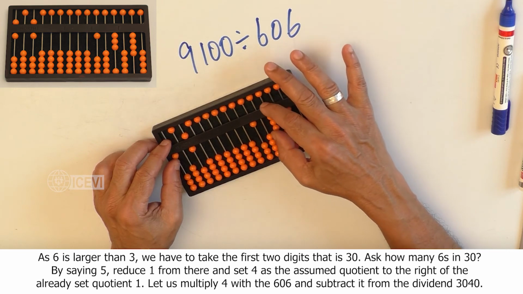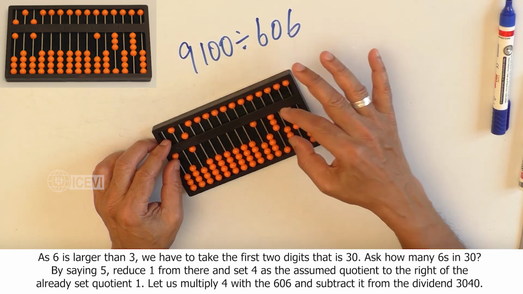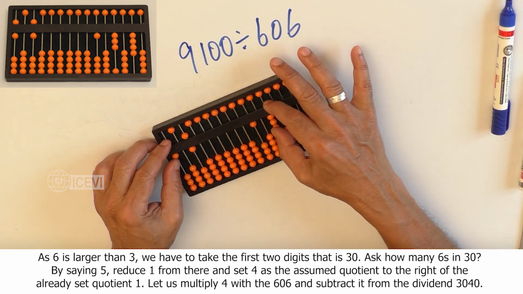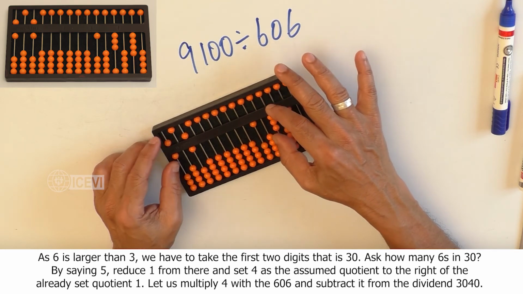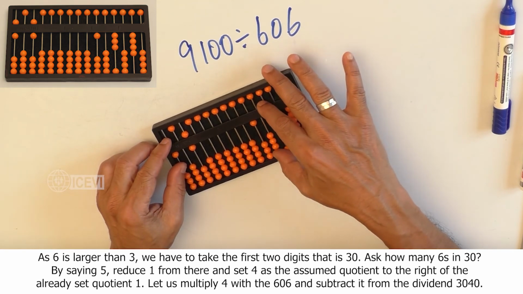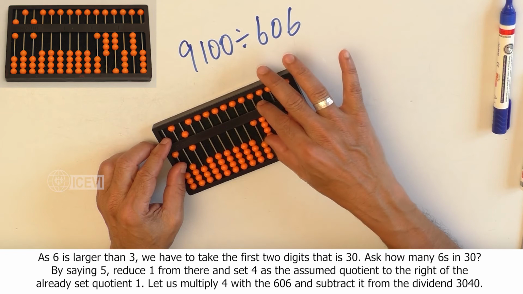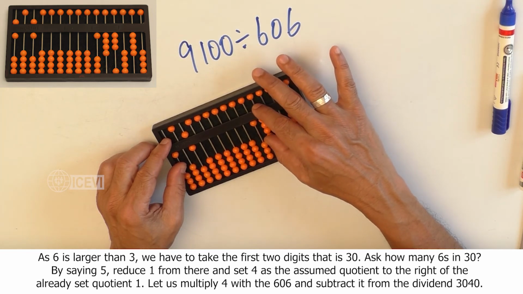As 6 is larger than 3, we have to take the first 2 digits, that is 30. Now ask how many 6's in 30. By saying 5, reduce 1 from there and set 4 as the assumed quotient to the right of the already set quotient 1.